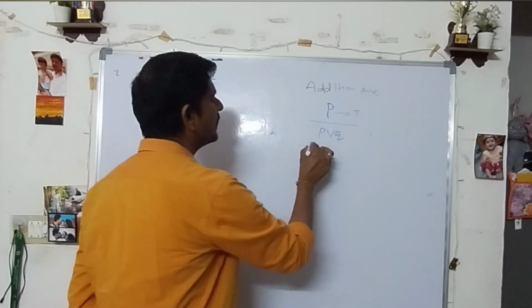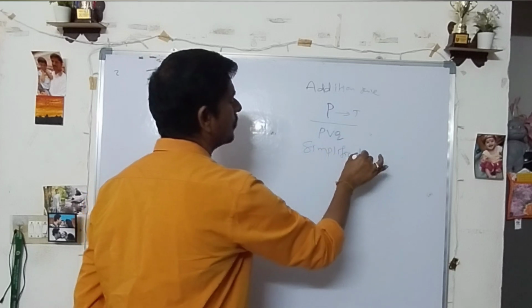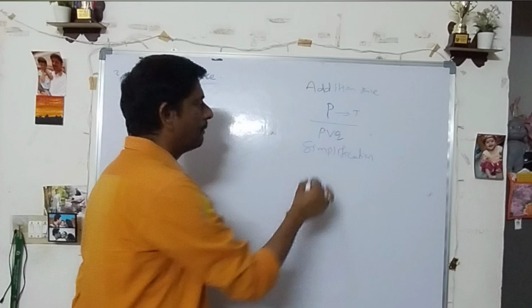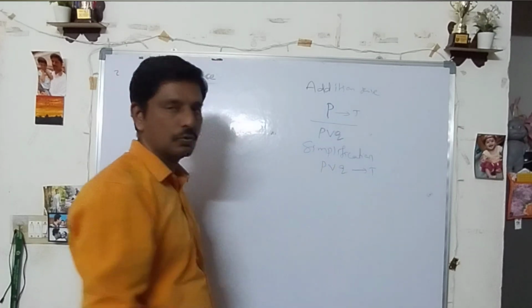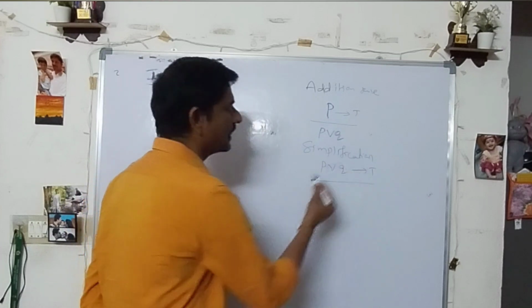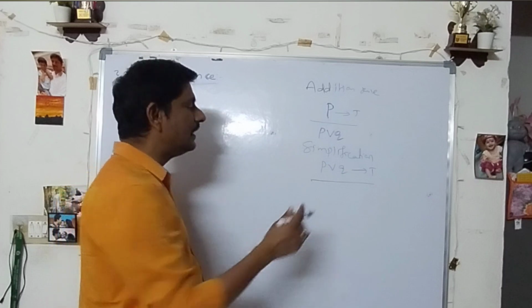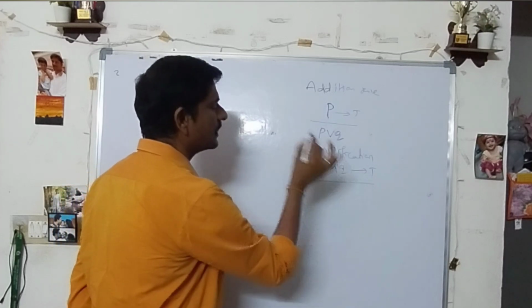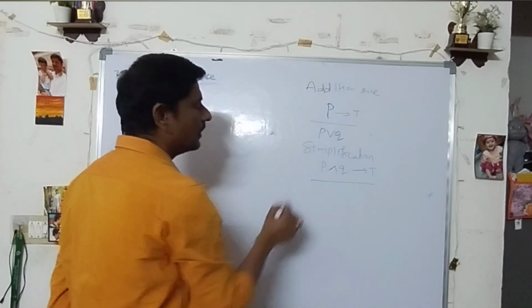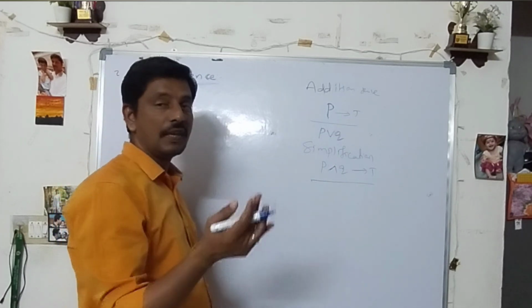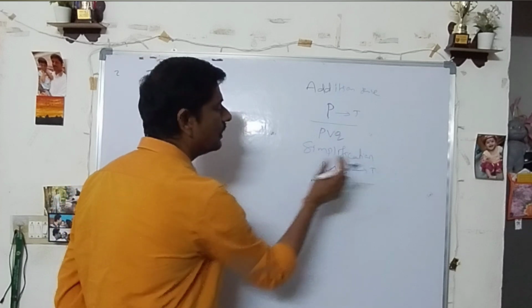Then the simplification rule. What is the simplification rule? P and Q is the premise and it is true. Simplification is about the AND connective. When is AND true? AND means both are true, then only the result is true.